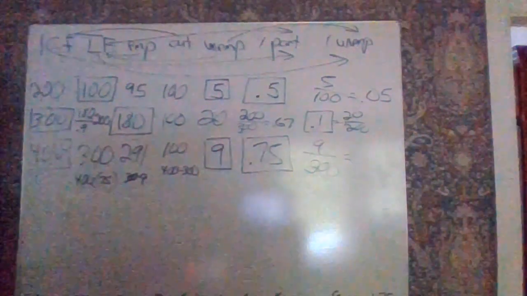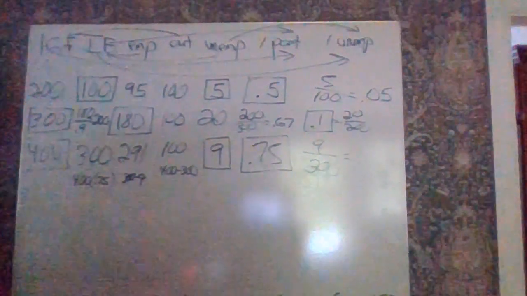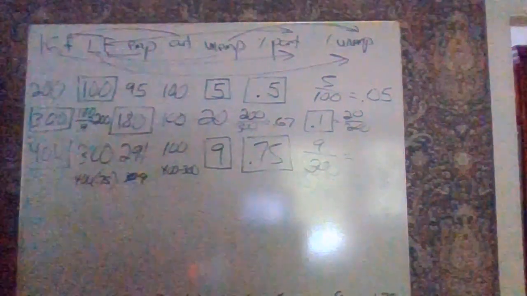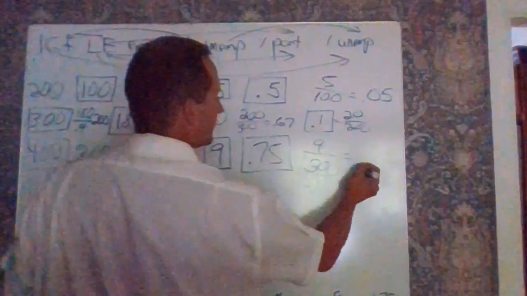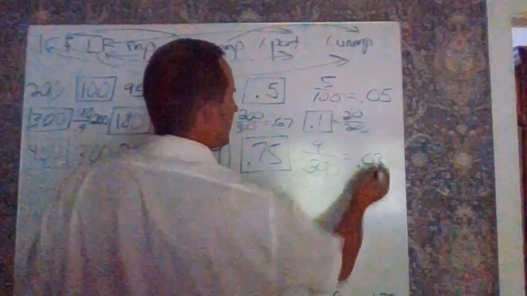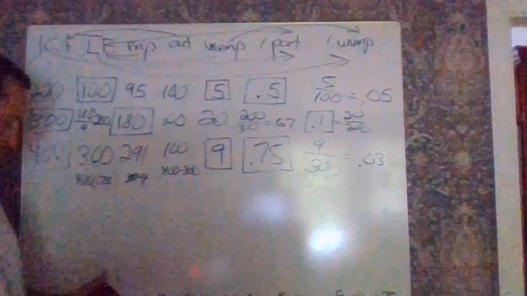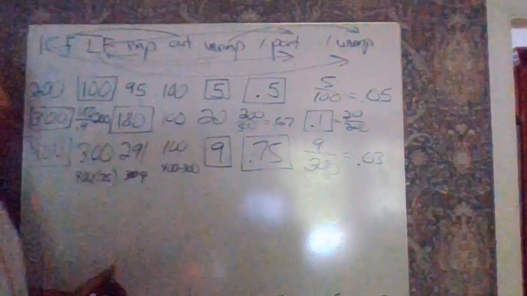I could tell you 9/3 would be about 3%. I have the calculator right here. 9 divided by 300 is, right, 3%.